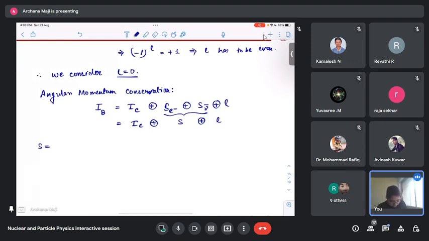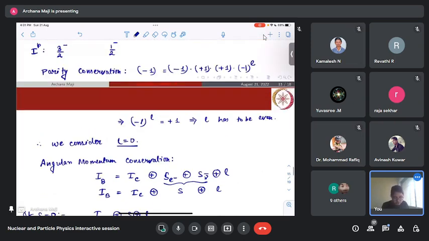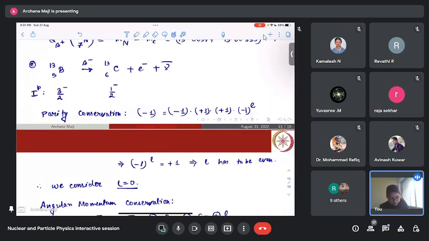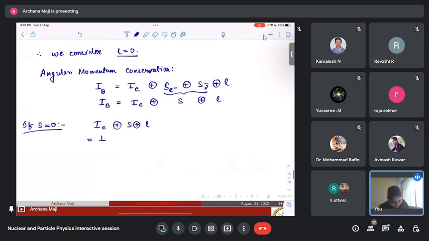So if S equal to 0, then the RHS of the angular momentum conservation equation will be equal to, this is half given to us, so half plus 0, L is also 0, so this is half.